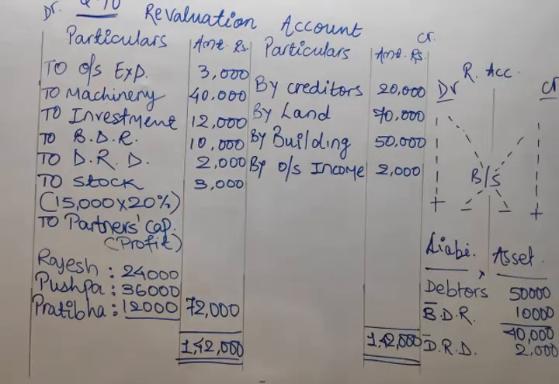But the better option is to solve it as early as possible, because on this basis we are going to continue for the next questions. Okay? It is the first question of revaluation. We will do the journal entry on the same question in my next session.